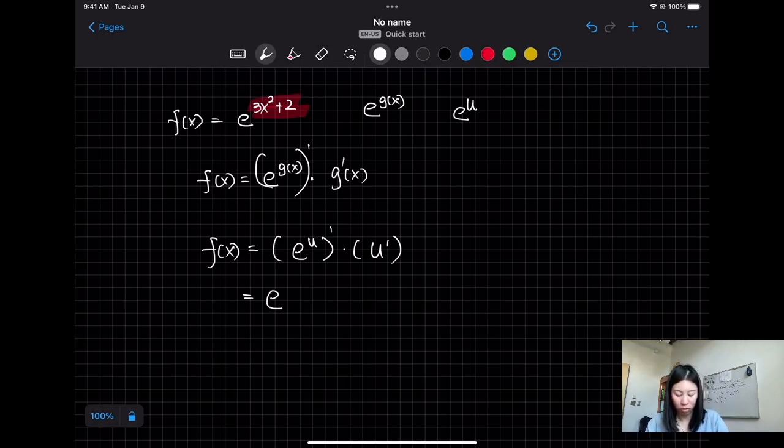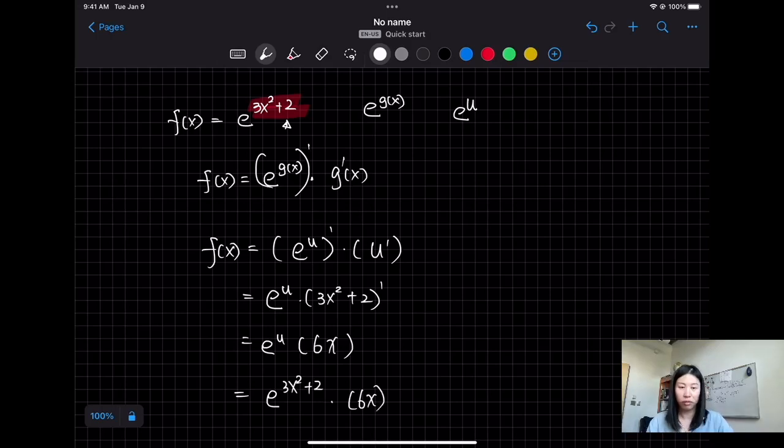So this should be equal to e to the u, and then u's derivative, which is the derivative of 3x squared plus 2, that is 6x plus 0. Then we substitute u back, the original function, so it is e to the 3x squared plus 2 times 6x.